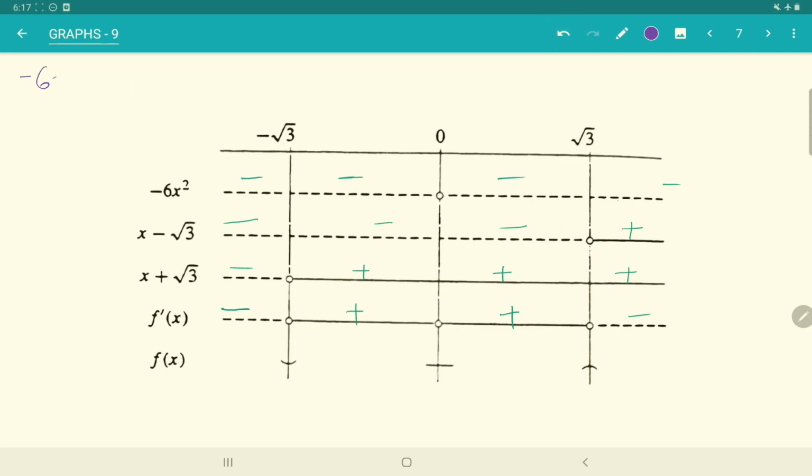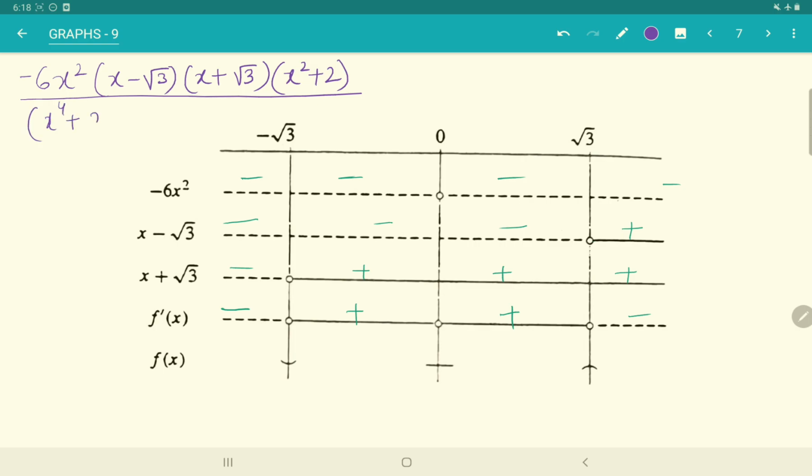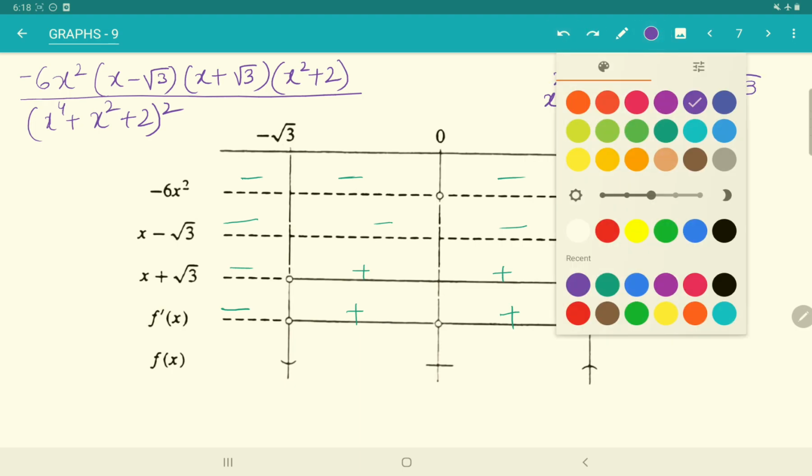So it's minus 6x squared, x minus root 3, x plus root 3, x squared plus 2, divided by x to the 4 plus x squared plus 2, squared. When is this equal to 0? When x is equal to 0, x is equal to root 3, x is equal to minus root 3. So these are the three stationary points.